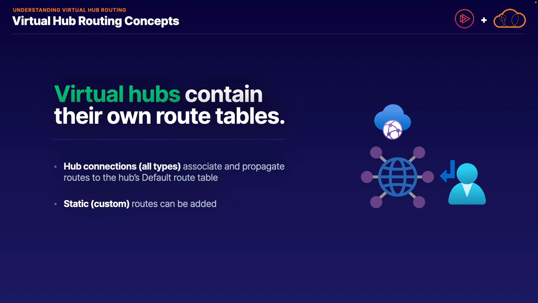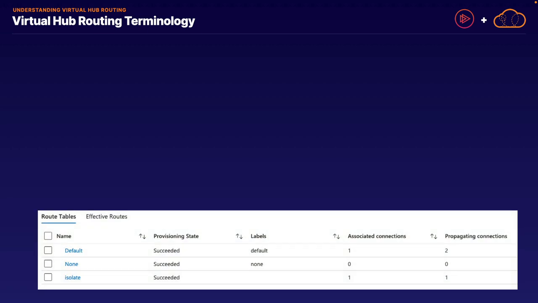Let's break each of those concepts down in a bit more detail, starting with some key terminology we need to know that we just talked about on the previous slide, specifically our terms of route association and propagation. So when interacting with a virtual hub, each network connected to that hub can either associate and or propagate its routes.